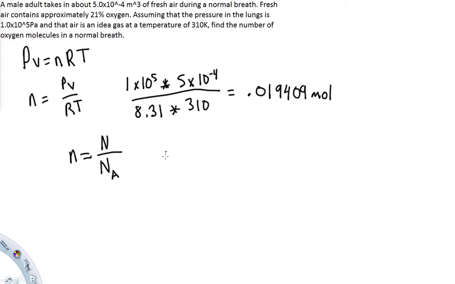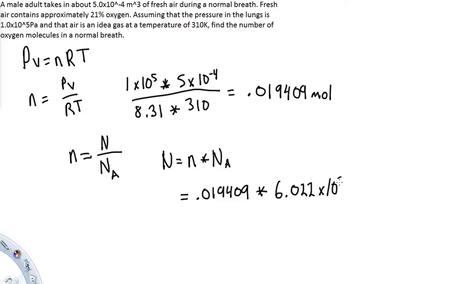So let's rewrite this as big N is equal to the number of moles times Avogadro's number. And that will look like this value that you still have in your calculator, 0.019409, times Avogadro's number, which is 6.022 times 10 to the 23rd molecules per mole.